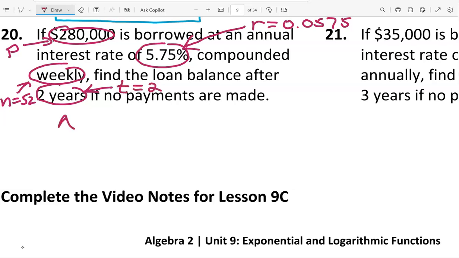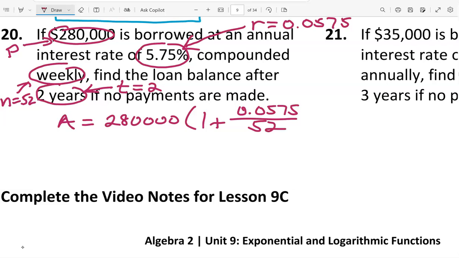Let's put those numbers in the formula. A is equal to 2,800 times 1 plus 0.0575 divided by 52 raised to the 52 times 2 power.